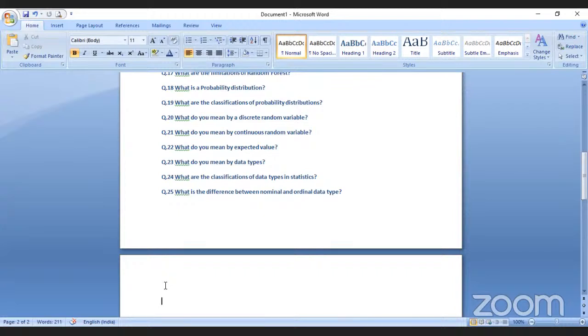Some examples of ordinal data type are shirt size, scale rating, ranks of a competition, educational background of a person. There we have the levels of these things, so we can sort them in an order. So these are ordinal data types.